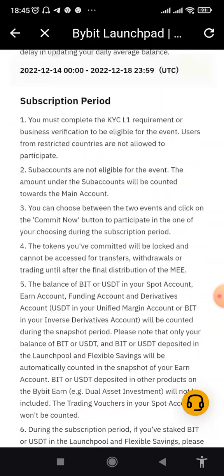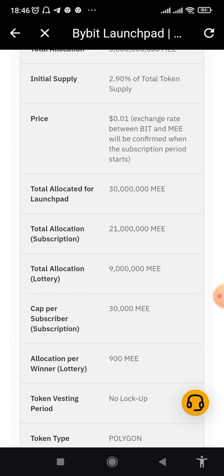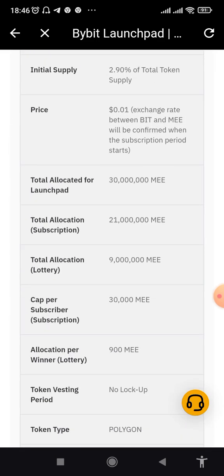So why should you join this launchpad, guys? I want to get to this part. As you can see here, the amount of token that has been allocated is 30 million ME token allocated to this launchpad, to this Bybit.